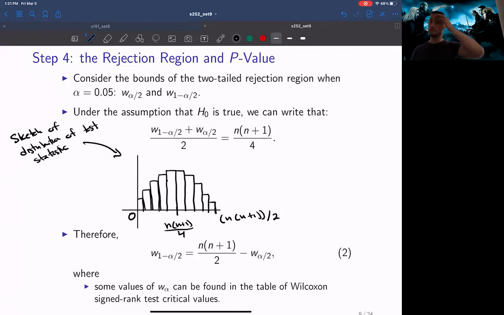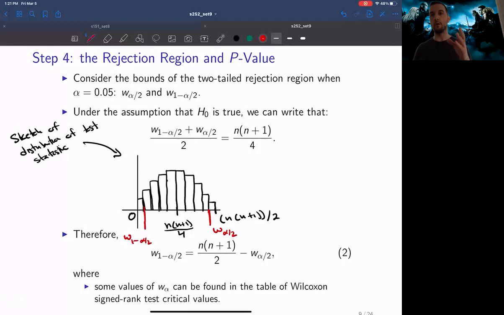Now if we take the two critical values, let's say we stick them right here. So here is W alpha over 2, and here is W 1 minus alpha over 2.